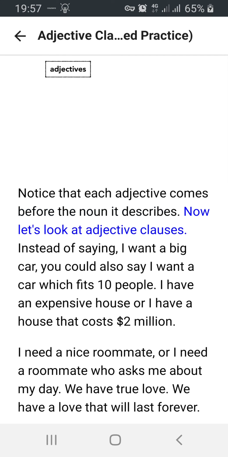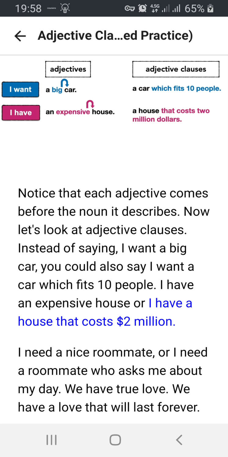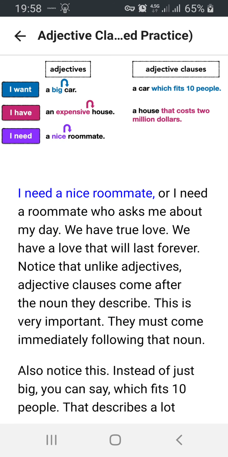Now let's look at adjective clauses. Instead of saying, I want a big car, you could also say, I want a car which fits 10 people. I have an expensive house, or I have a house that costs $2 million. I need a nice roommate, or I need a roommate who asks me about my day. We have true love.